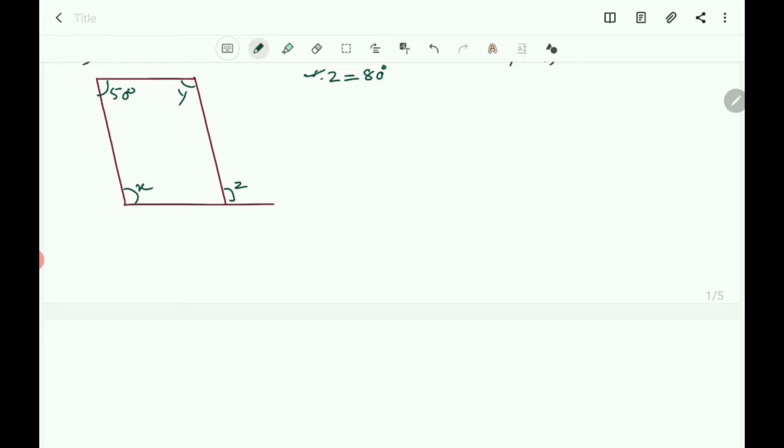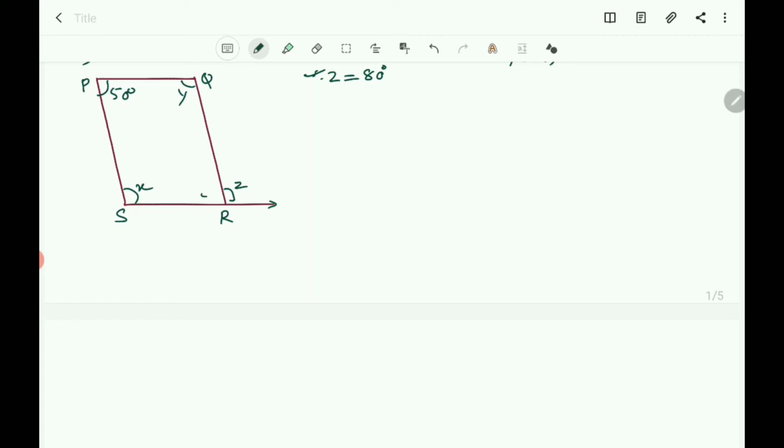So you can give the names P, Q, R, S here. Now again here we have to use the property of the parallelogram to find the values of X, Y and Z here. And here it is known that PQRS is a parallelogram, meaning opposite sides are parallel.